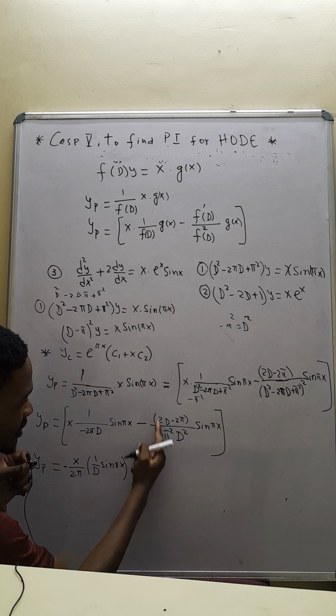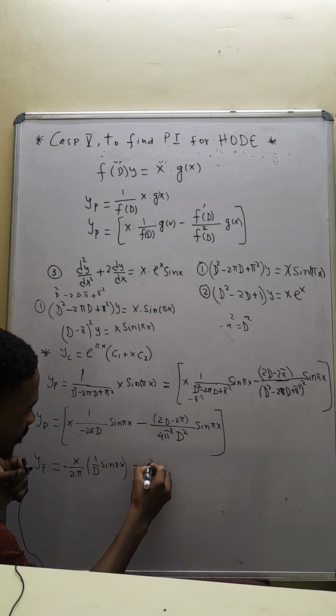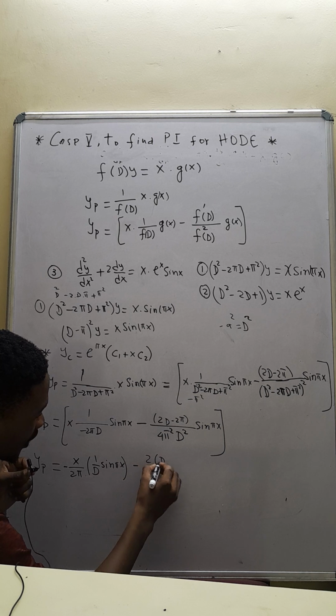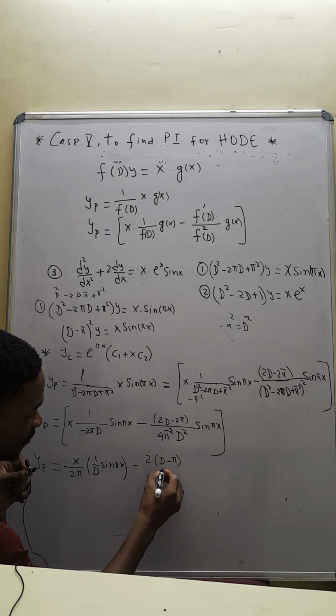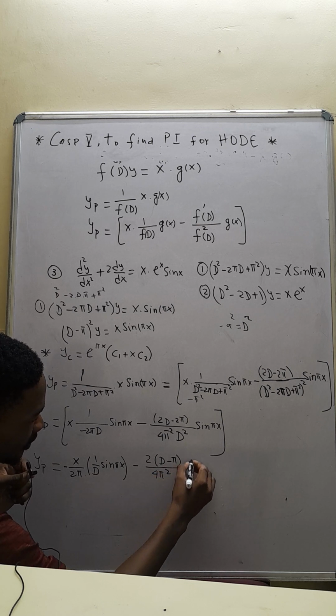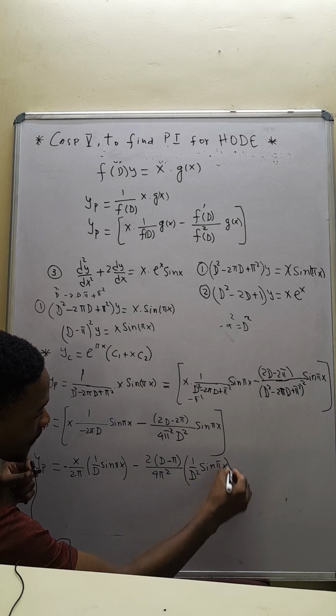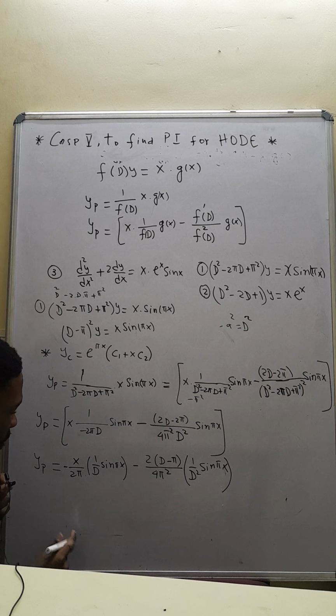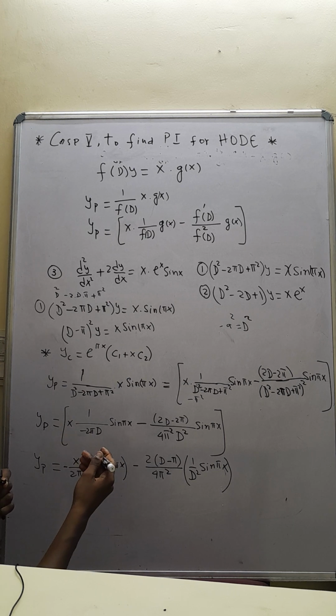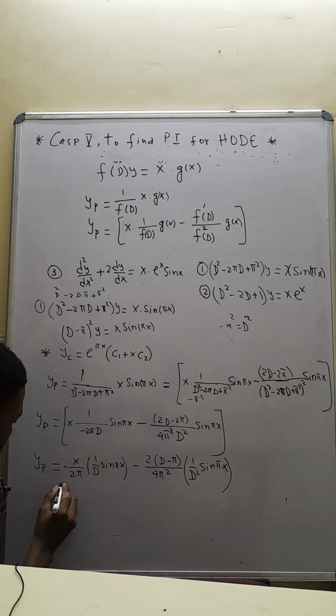This expression can be taken outside, so this will be 2, and here D minus pi, all upon 4 pi squared, 1 upon D squared. I will separate this one, and I will apply this guy here. Now, the inverse of differentiation operator is the integration operator. So here I have to apply integration.